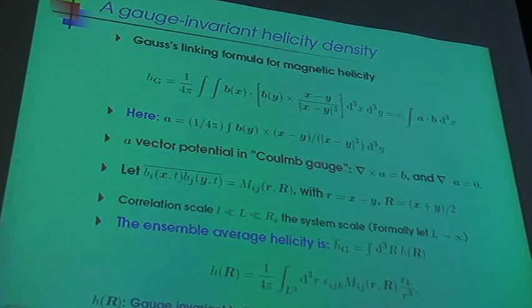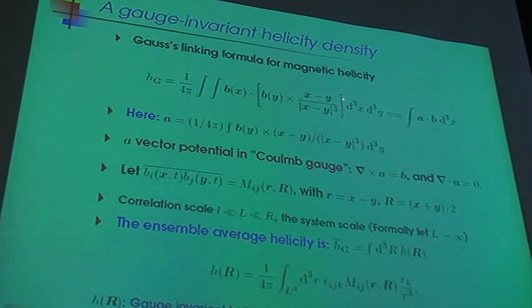If the correlation scale is much smaller than the system scale, then you can do the d cubed small r integral, keeping the d cubed capital R integral, okay? Because the correlations don't extend over the full scale. They extend only over a small scale. And define that integral over d cubed small r as the helicity density associated with this random field.